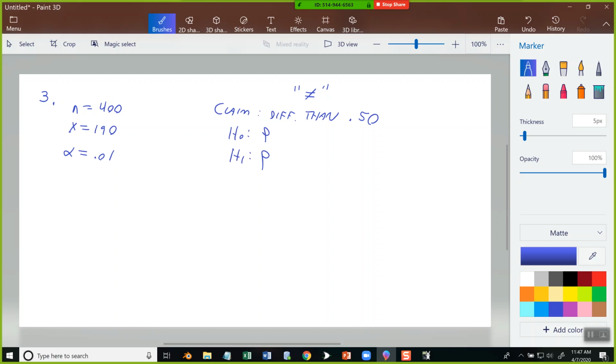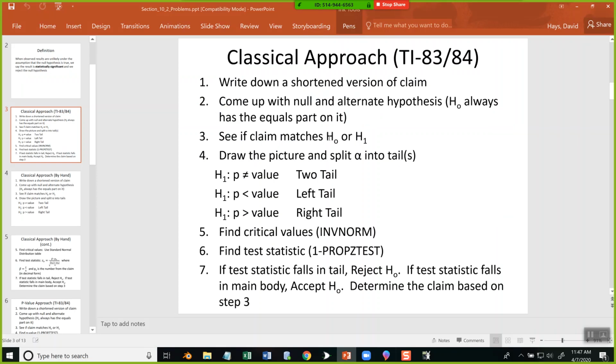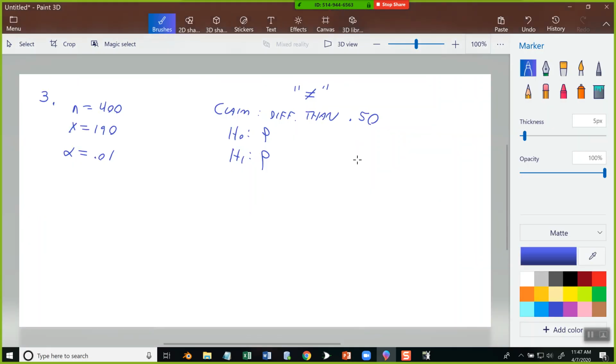Step 2, come up with a null and alternate hypothesis. H naught always has the equals part on it. Again, for H1, the only symbols you can put on it are less than, greater than, or not equal to. The only symbol you can put on H naught is an equal. P for population proportion. We said our claim's symbol was a not equal to. Well, the only place I can put a not equal to is on H1.